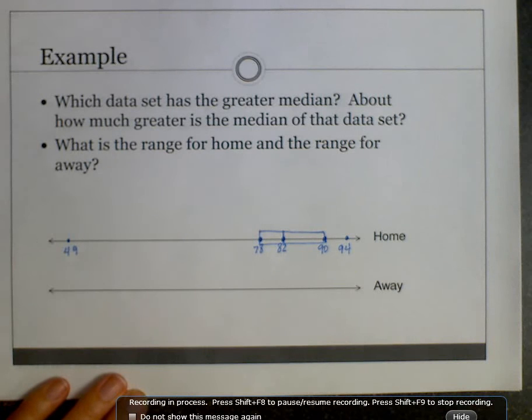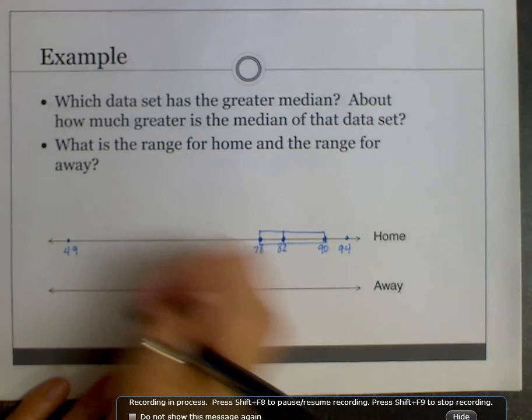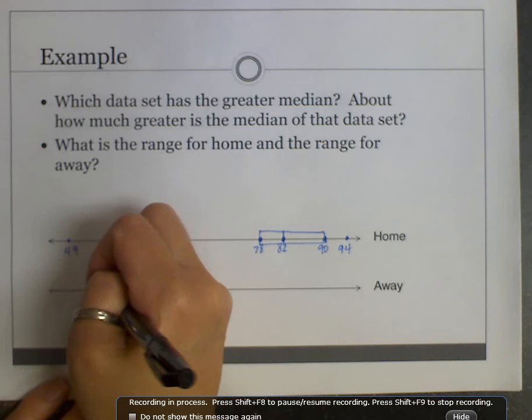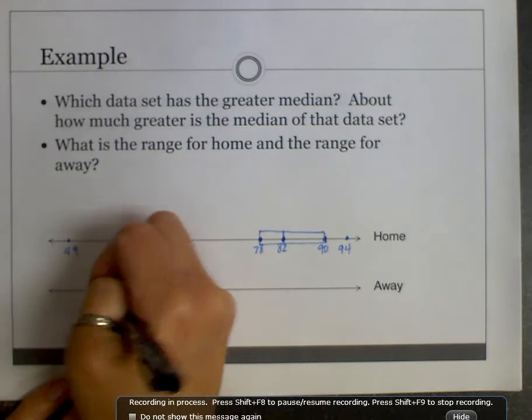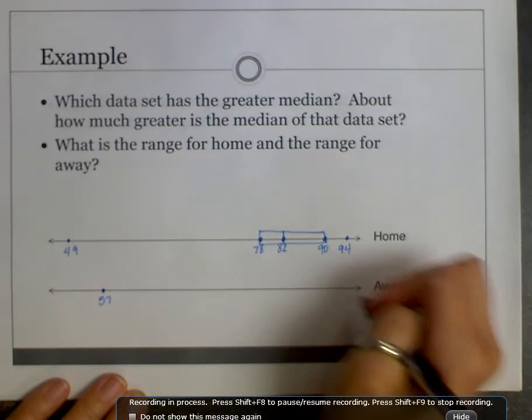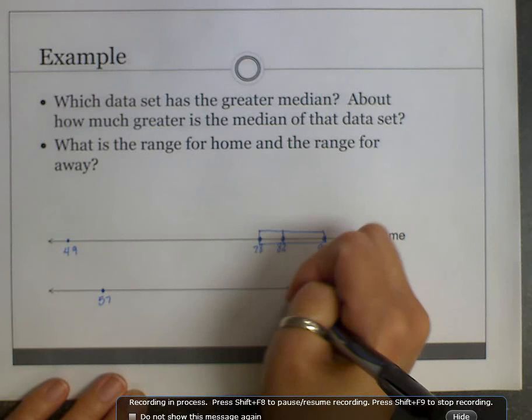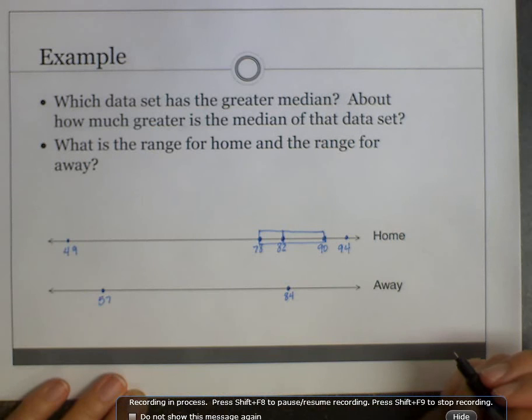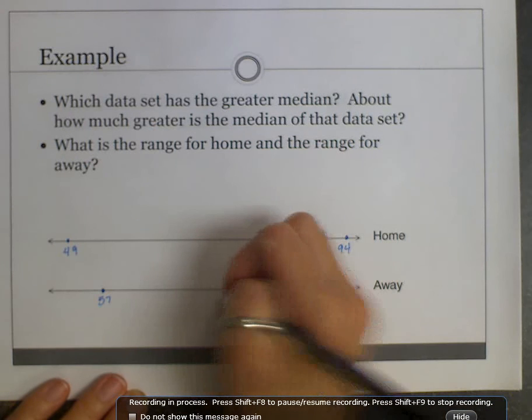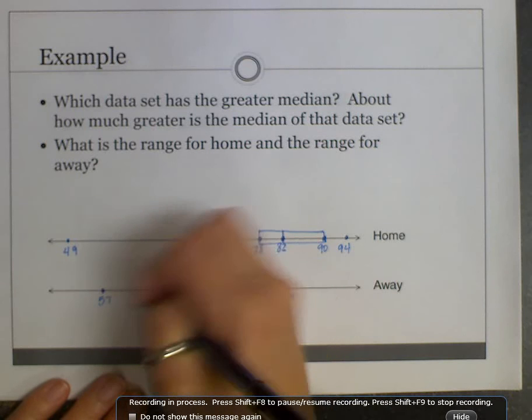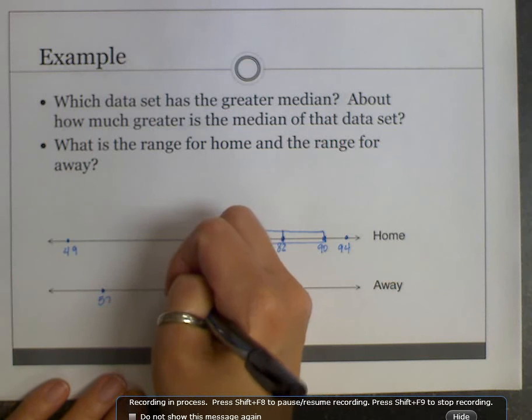My lowest value is a 57 when I'm playing in a home game. Sorry, an away game, 57. And my maximum value is an 84, so not quite as big of a range. Then my middle value is 67, so 67 would probably be closer to 57, maybe about right there.